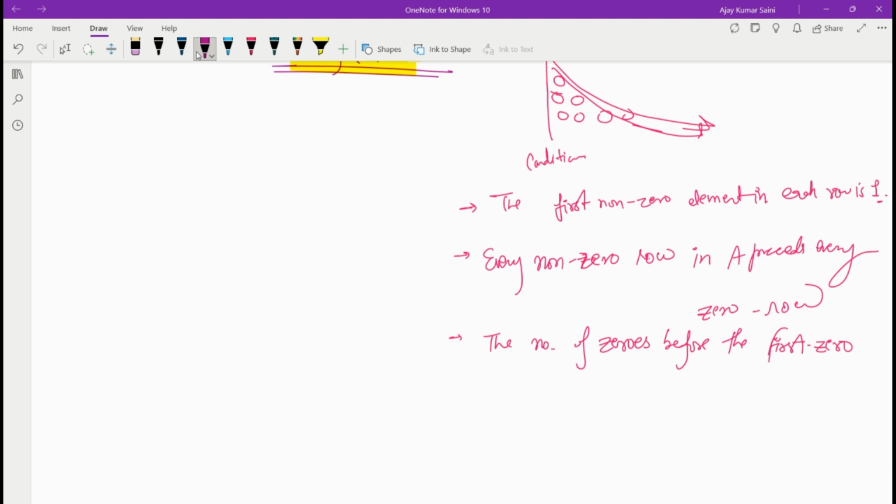In the first row, when the first element comes, I can write element.